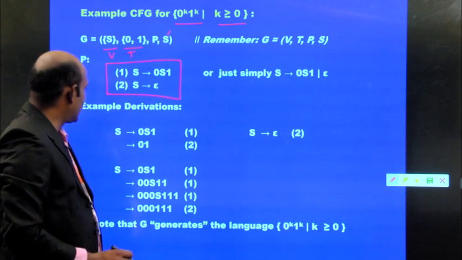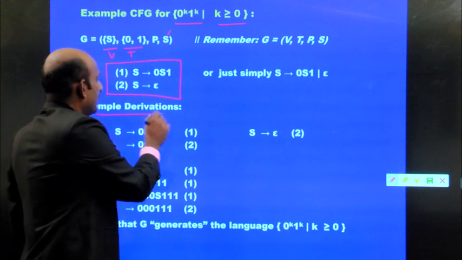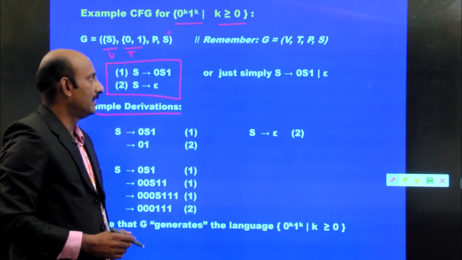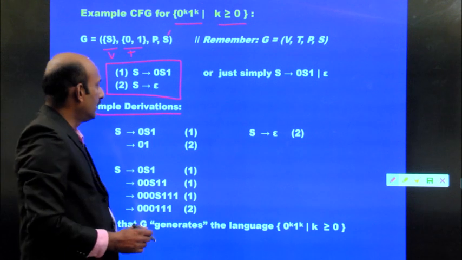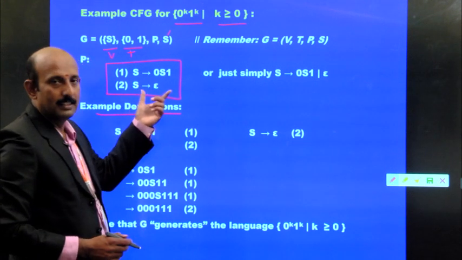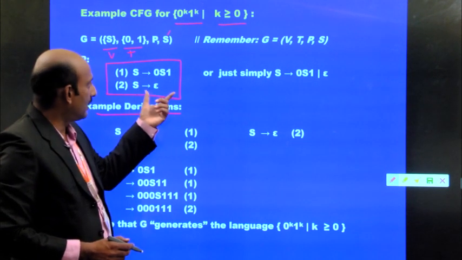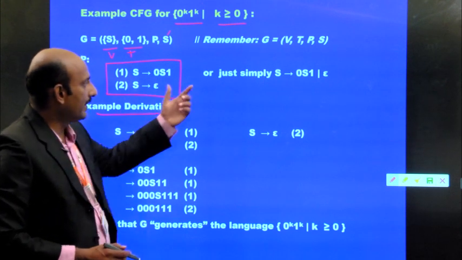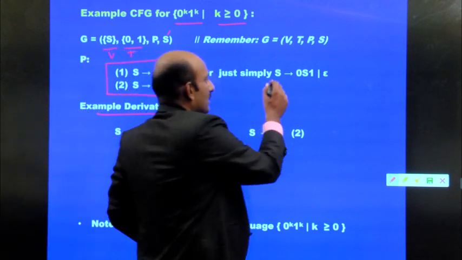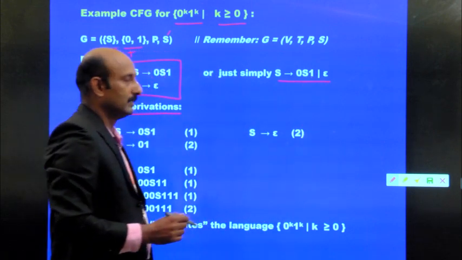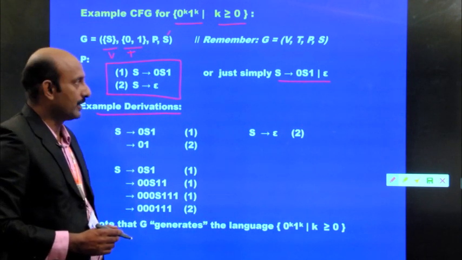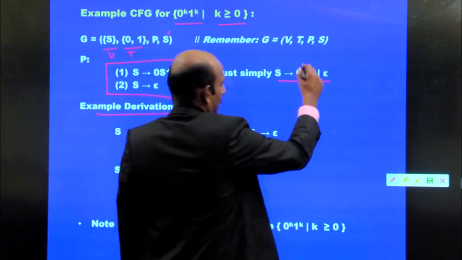Now let's see an example of the derivations. We can write the productions separately, or make them into one single production, because both are the same.